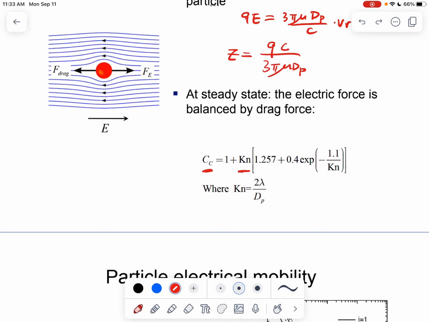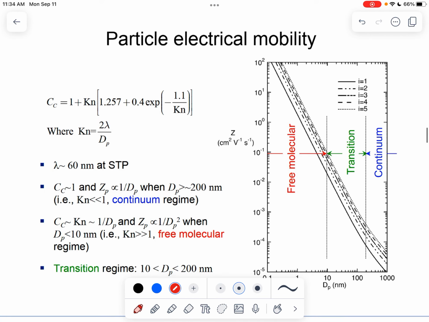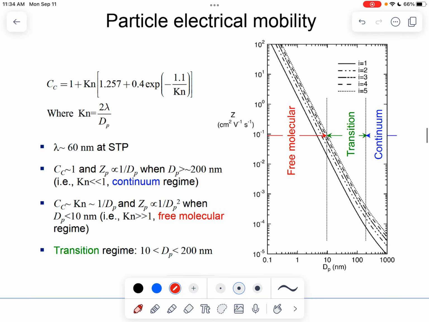It's a function of the Knudsen number. When the particle size is larger, it's constant. When the particle size is smaller, then C is proportional to 1 over dP in the free molecular regime.